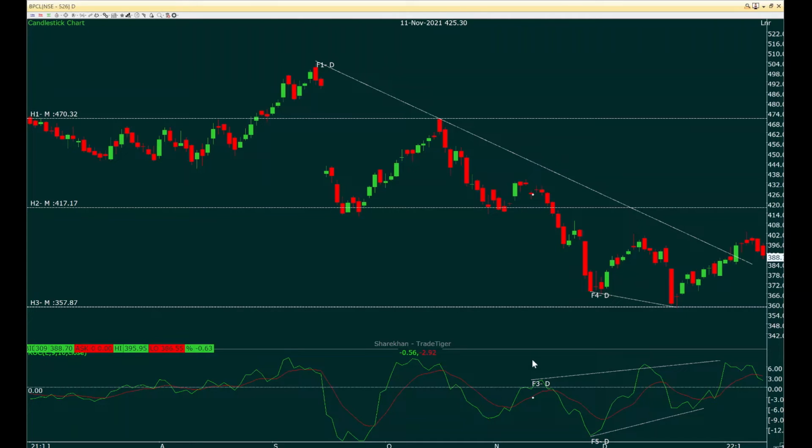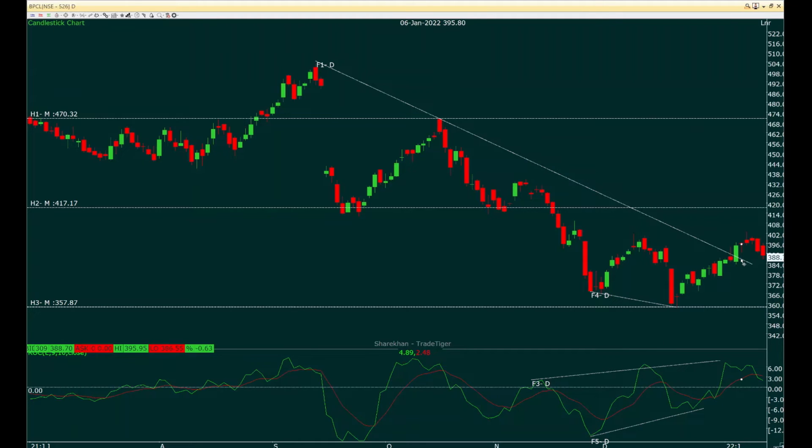Why it happens is that although the price is stepping down, the respective gain of each of the buyer and seller is higher for the buyer. So that's how RSI needs to be interpreted: relative strength of buyer and seller.